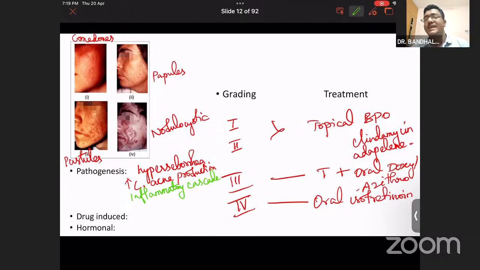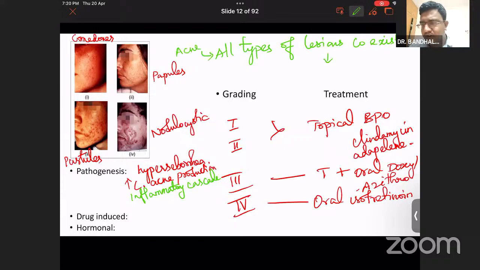The beauty of acne is, although there are 4 different morphologies, most often all type of lesions coexist in acne, which is known as polymorphic.